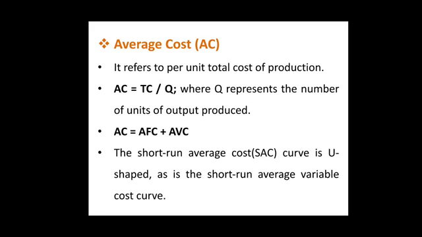As production is increased after the minimum point, the average total costs rise quickly because the fall in average fixed costs is negligible in relation to the rising average variable costs. Thus, the average cost curve initially falls when output increases, then reaches its minimum point, and then eventually rises with the rise in output.